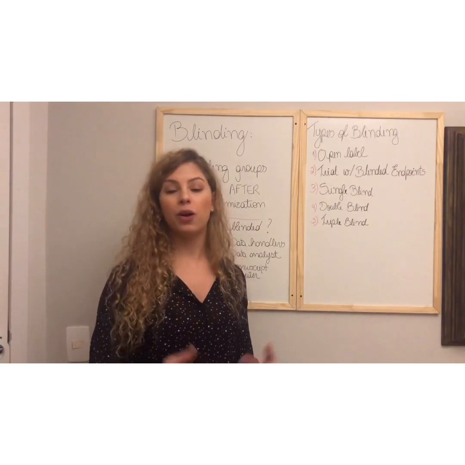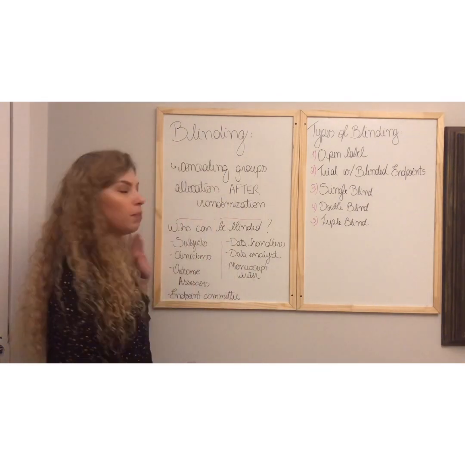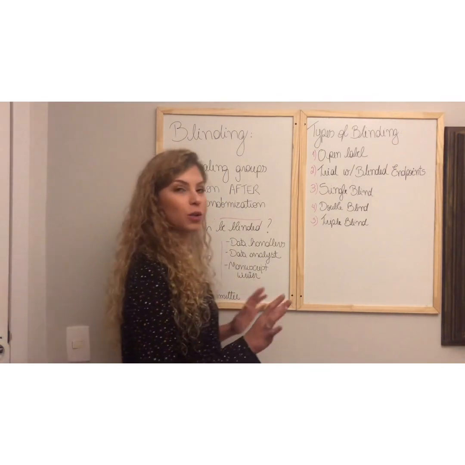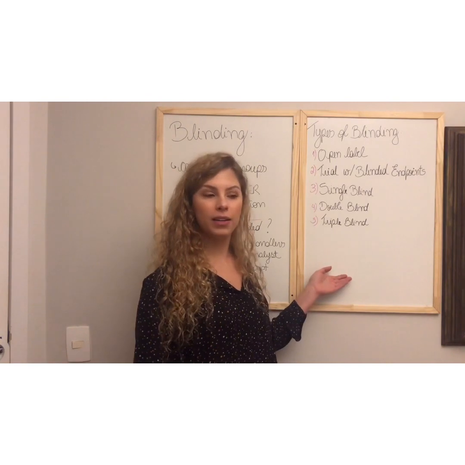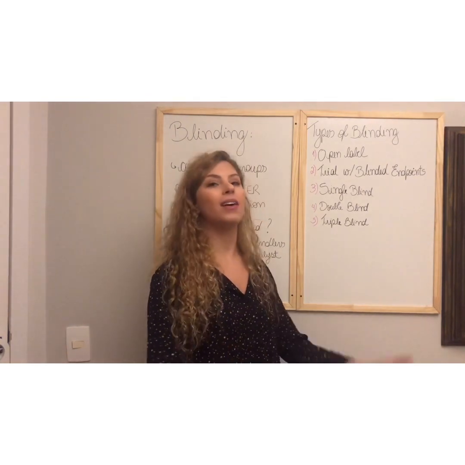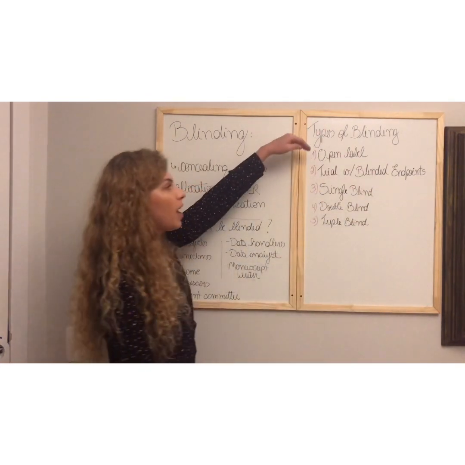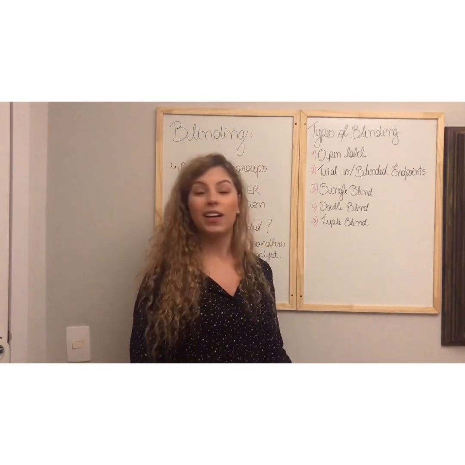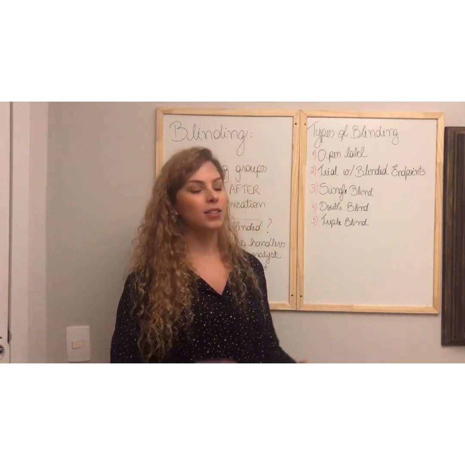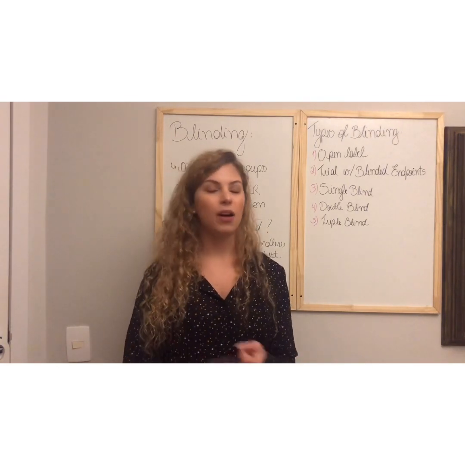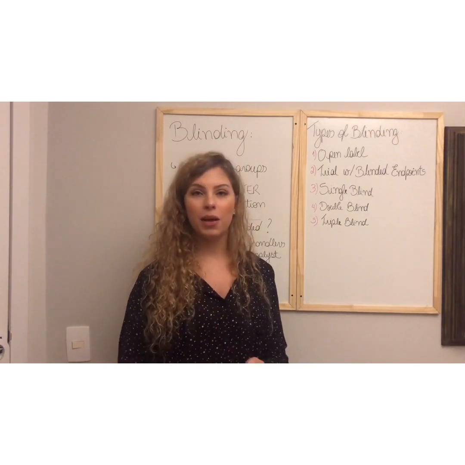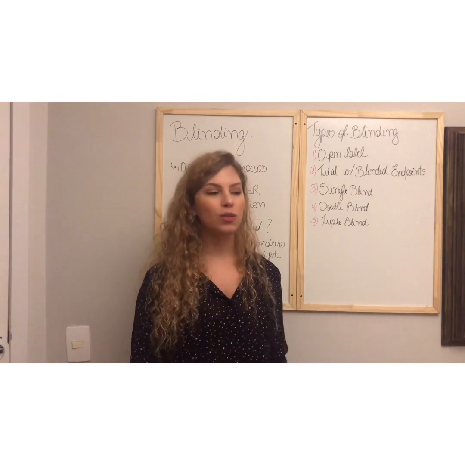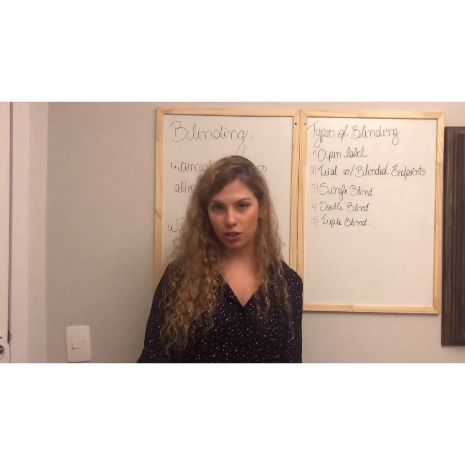So guys, as we already know who we can blind, let's go now for the types of blinding a clinical trial can have. So first we have an open label trial. What is it? Well, it is a trial that is not blinded at all. Subjects, clinicians, outcome assessors, data managers, everyone knows the subject allocation, right?